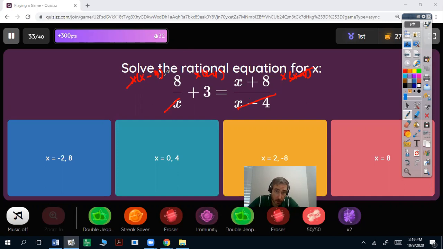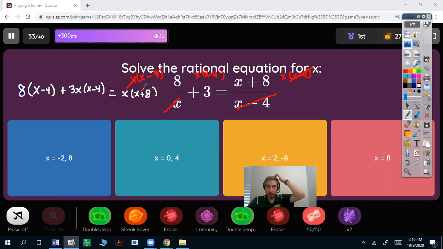Rewrite. So that'll be 8 times x minus 4. Let's use a different color. Plus 3x, x minus 4. Nothing cancels out there because this doesn't have a denominator. Equals x times x plus 8.